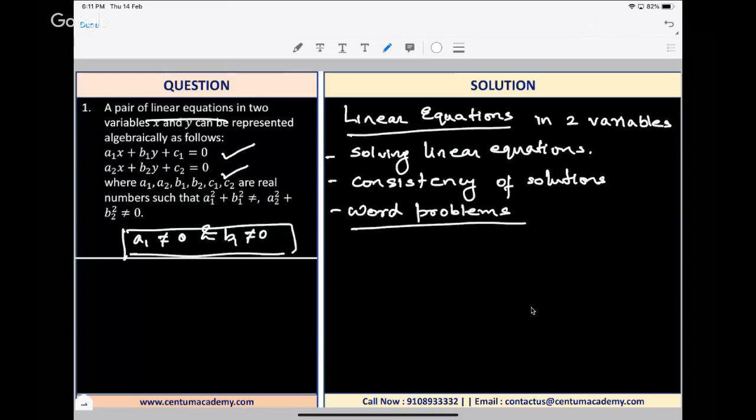Hence all of them together cannot be 0. Hence this particular expression has been given. So this is my definition of linear equations.